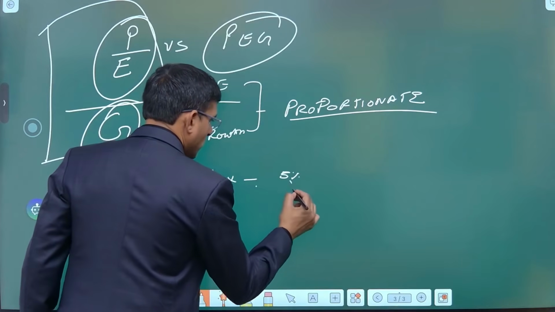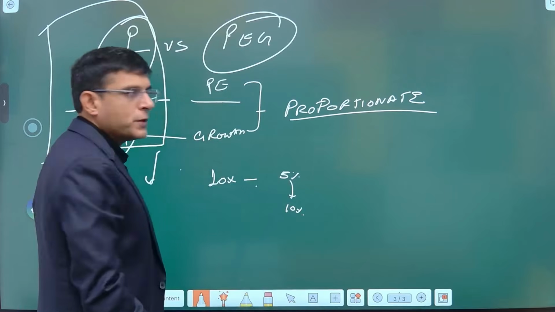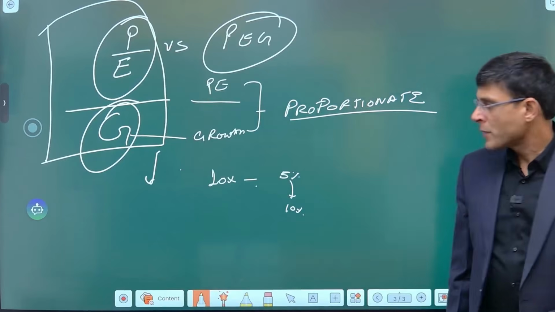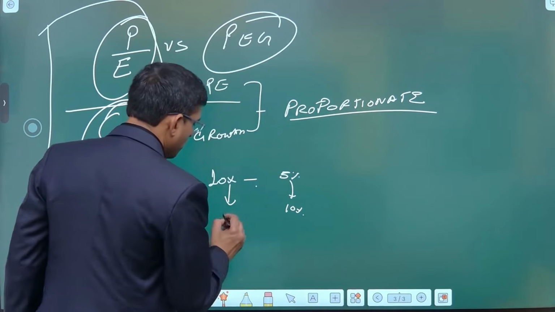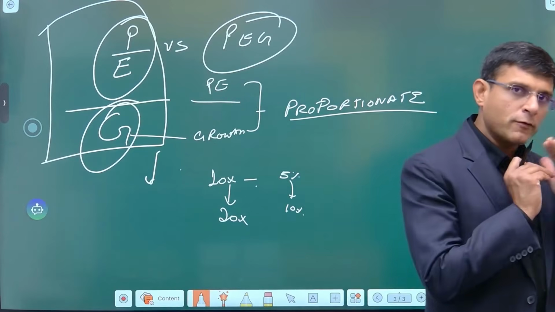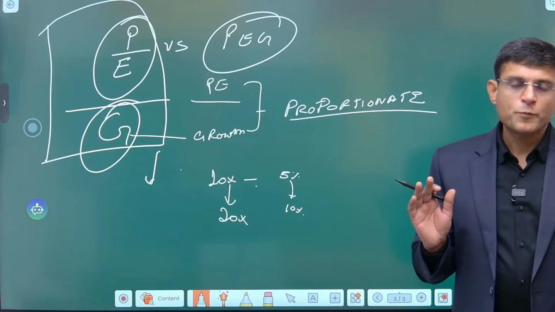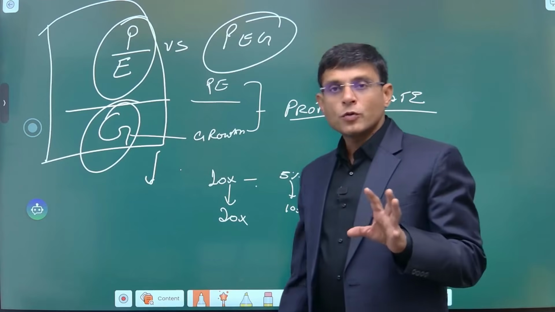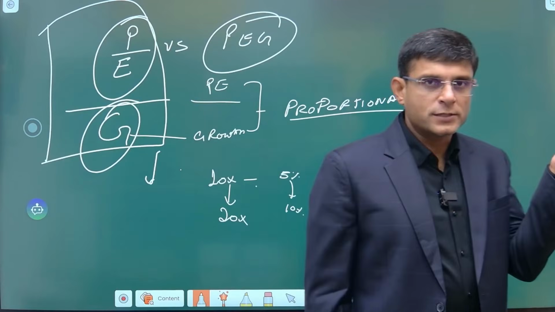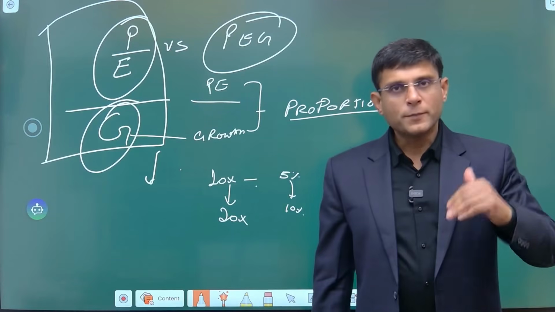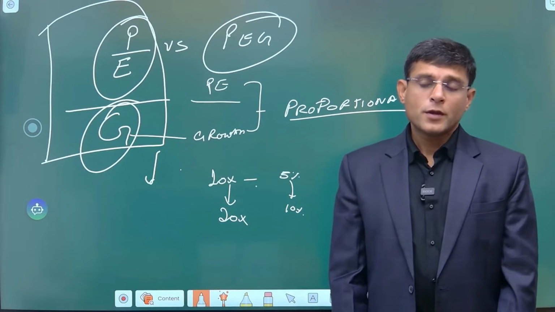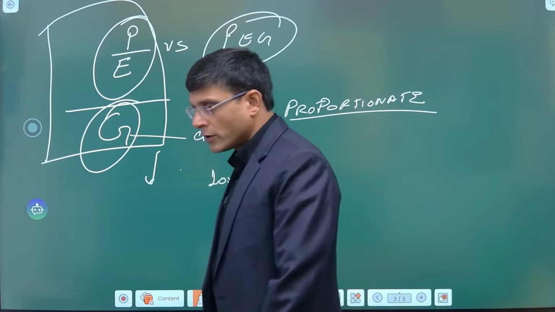If this growth increases to 10%, if the company changes its guidance that my growth in the future is going to be 10%, as per PEG, the company's current P multiple should jump to 20x. Then only their current PEG will come at the same level. But that does not happen. With change in growth, yes, P multiple will react, right? If growth estimates are going up, price will go up and P multiple will also change, but not in a proportionate manner.